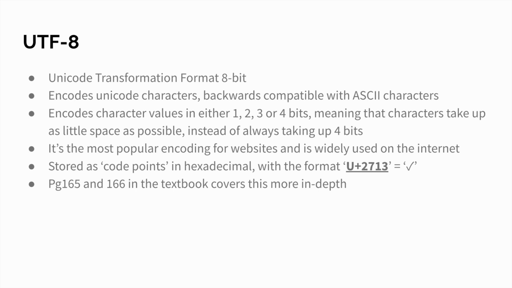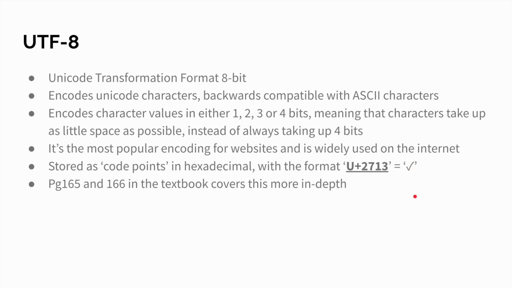And it stores characters as code points in hexadecimal in this format. So U plus and then a hexadecimal value, in this case U plus 2713, which represents the little tick mark symbol here.